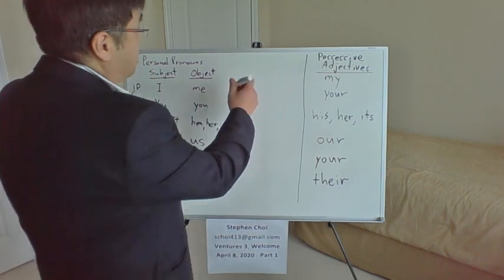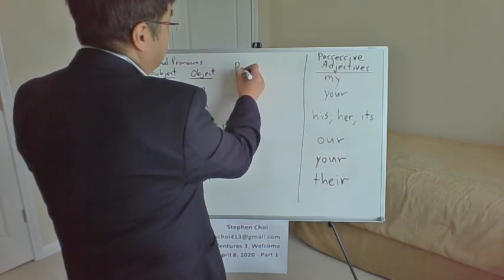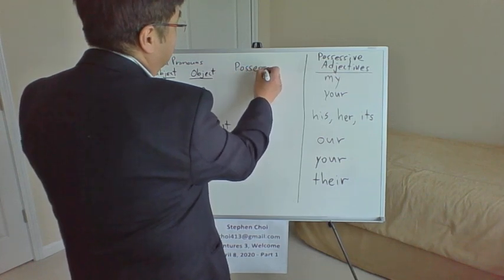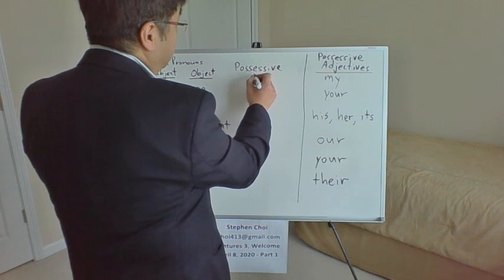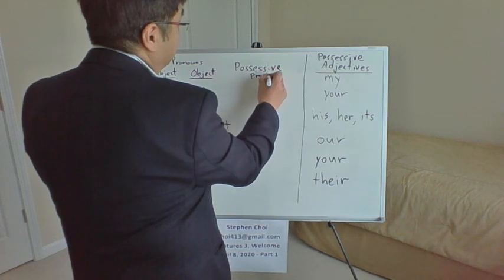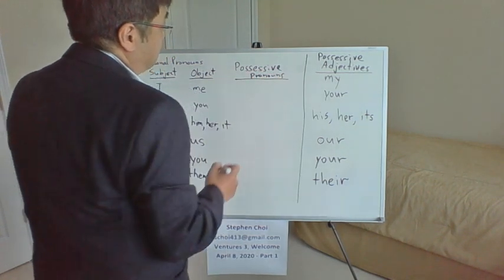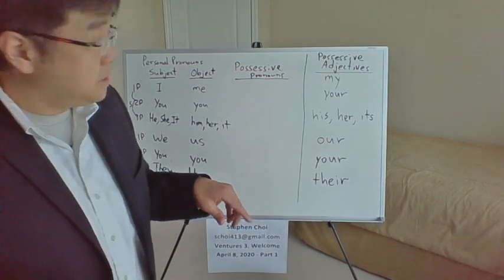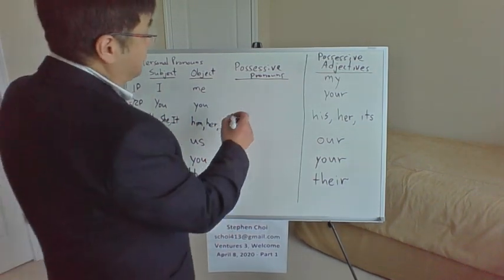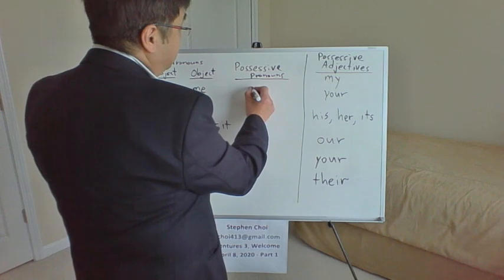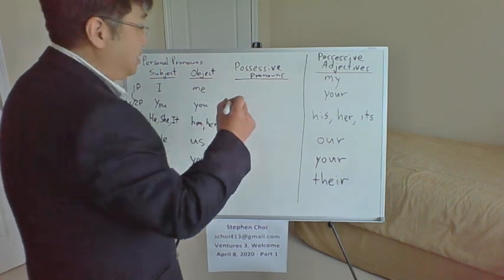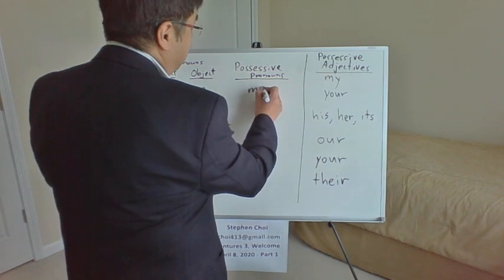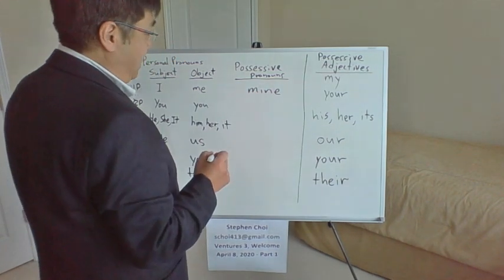All right. So here we have another one here. These are what? These are possessive pronouns, okay? So, what's the first person singular possessive pronoun? What is it? Somebody tell me. Yes. Mine.